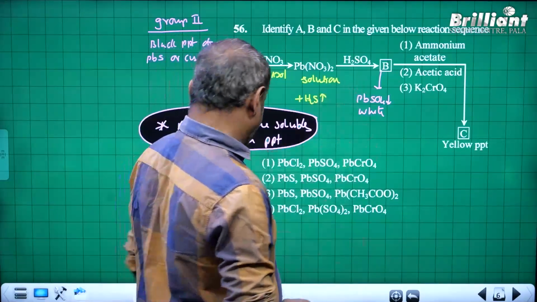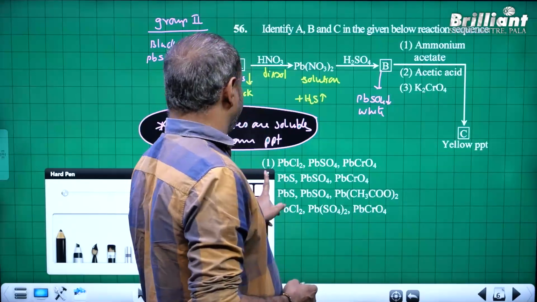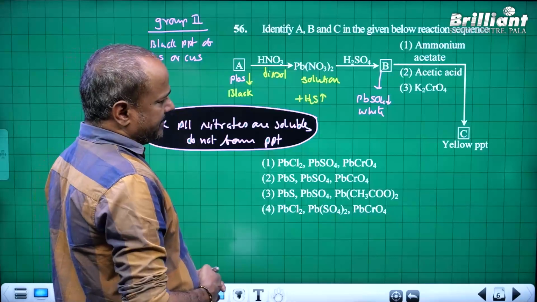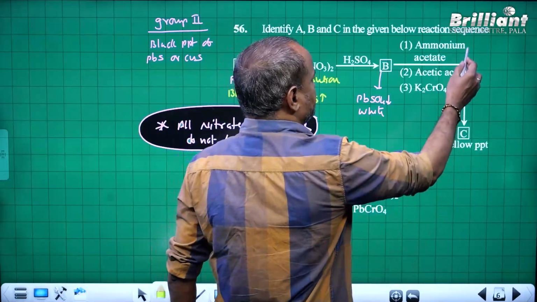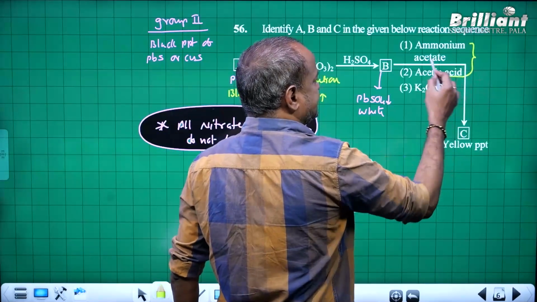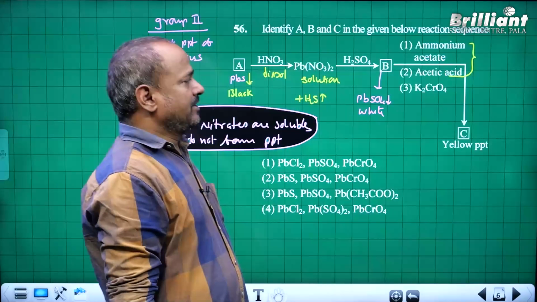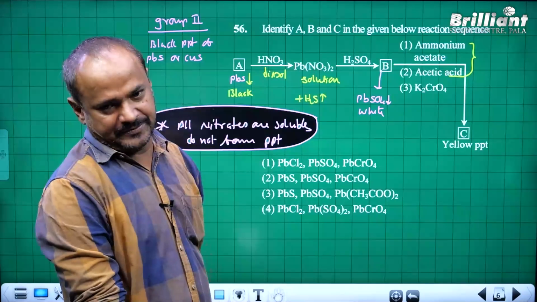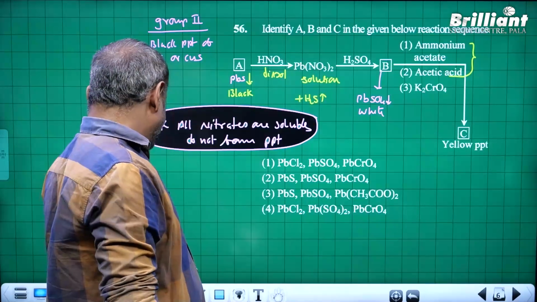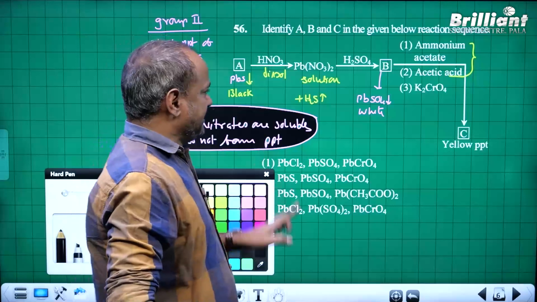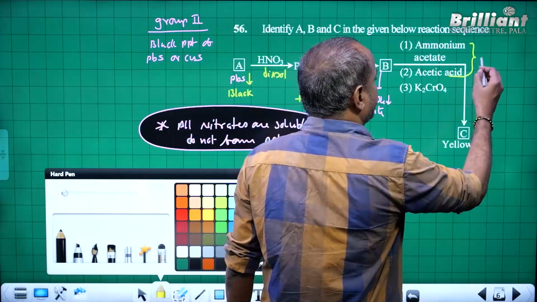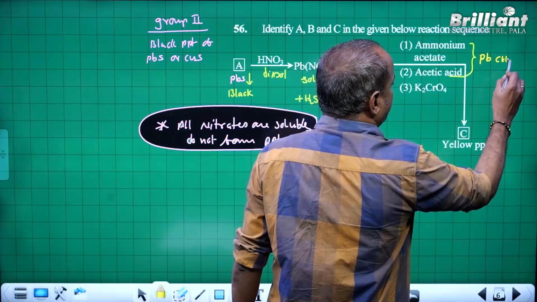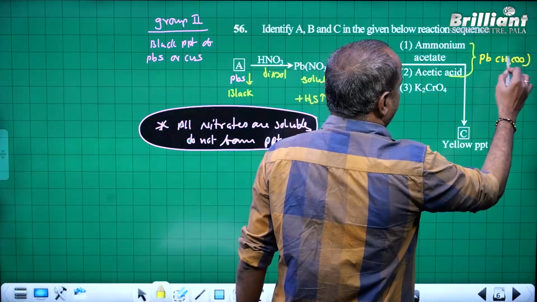Lead sulfate PPT is dissolved in ammonium acetate and acetic acid. These two common only, ammonium acetate and acetic acid. That is in presence of common ion effect, lead sulfate is converted to lead acetate, Pb(CH3COO)2.